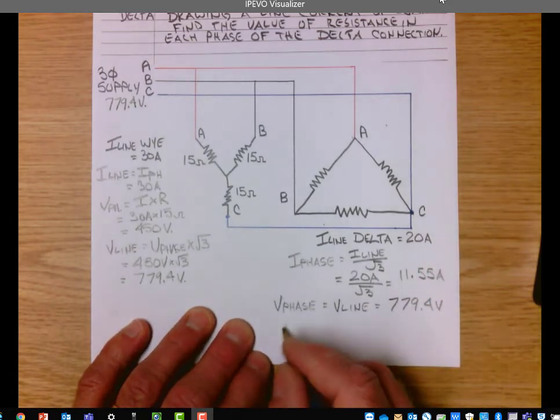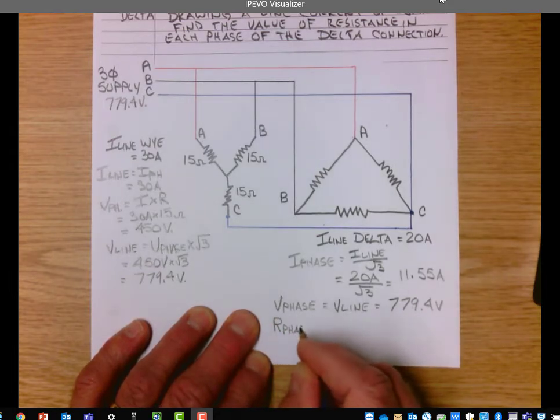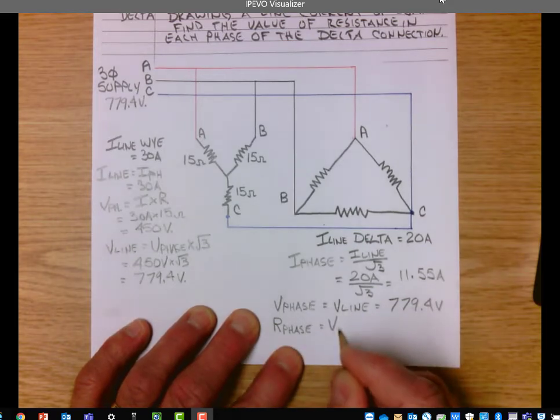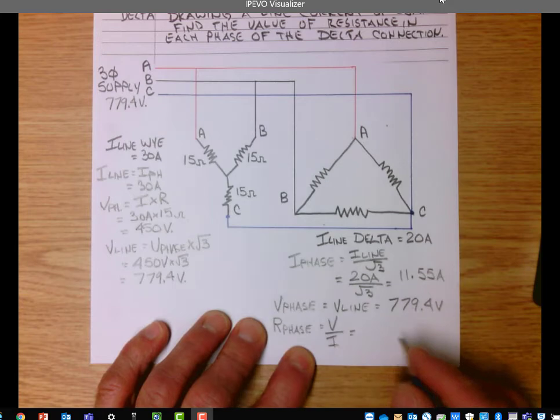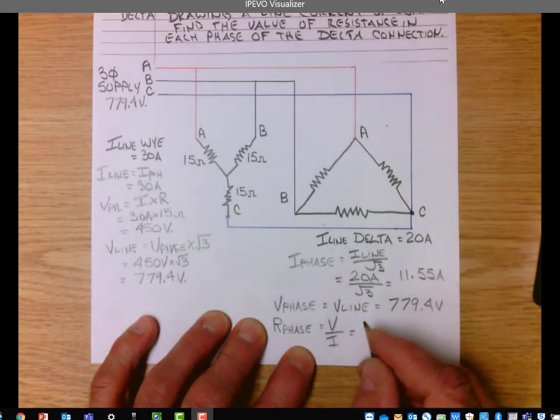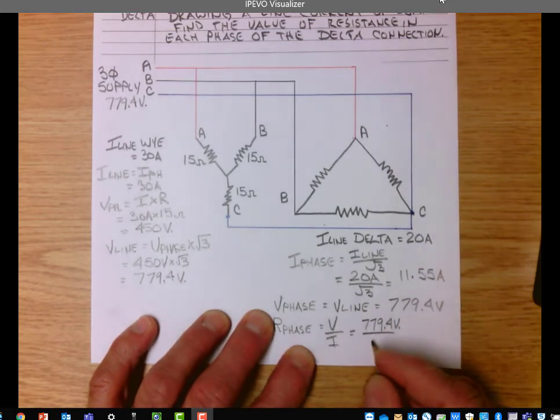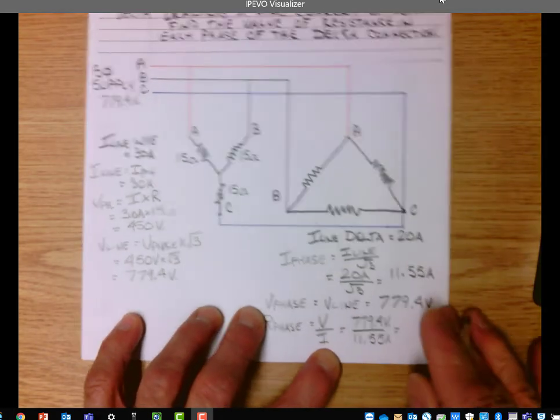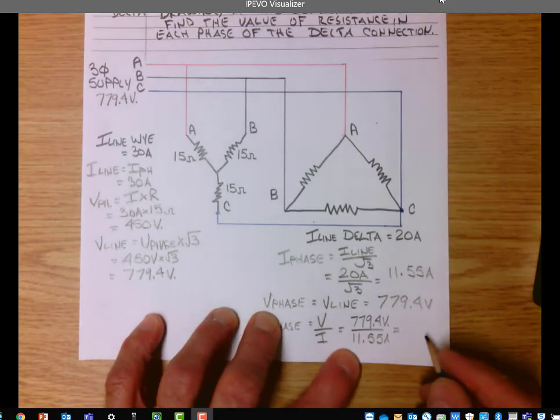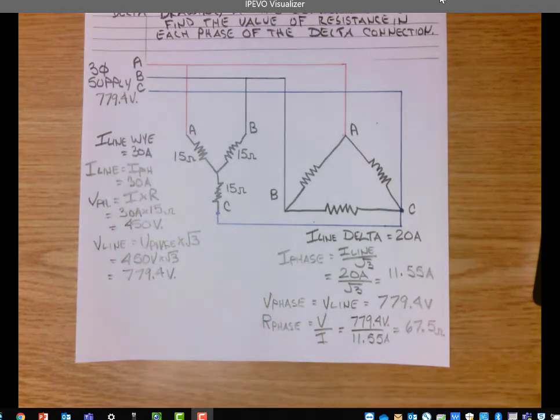So to find the resistance of each phase, R phase equals V phase over current of each phase, R equals E over I, which is 779.4 volts divided by 11.55 amps, and gives us a resistance in each phase of 67.5 ohms.